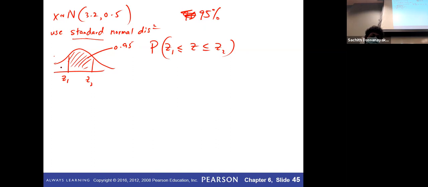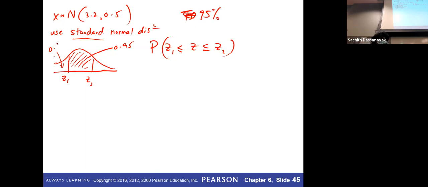What are these areas? In the middle, 95%. So the left end and right end, I mean, this one and this one, they are the same, equal sizes. So this is not 0.05.